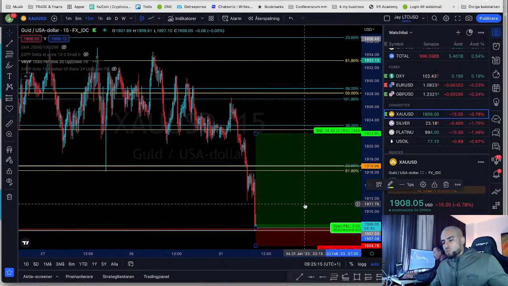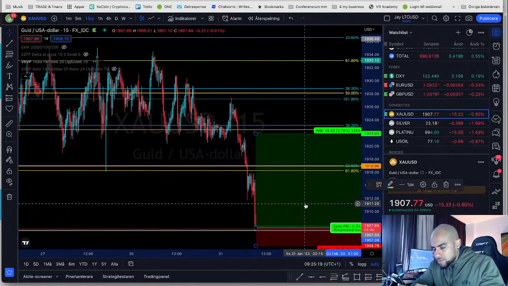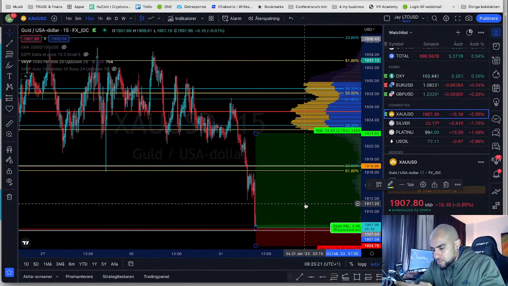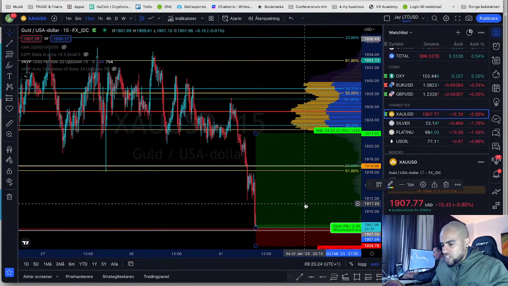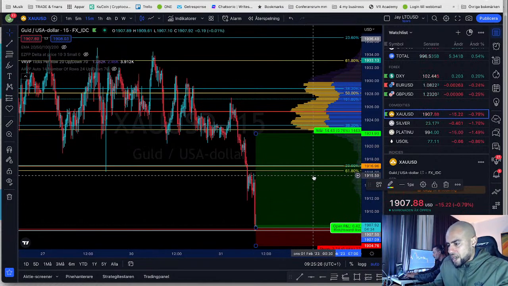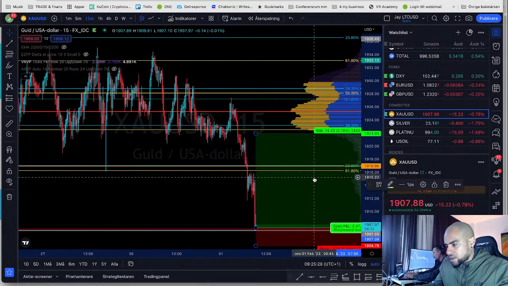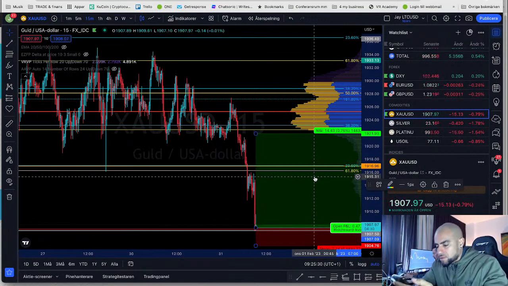Take profit 1 is at 1911. Take profit 2 is at 1915.